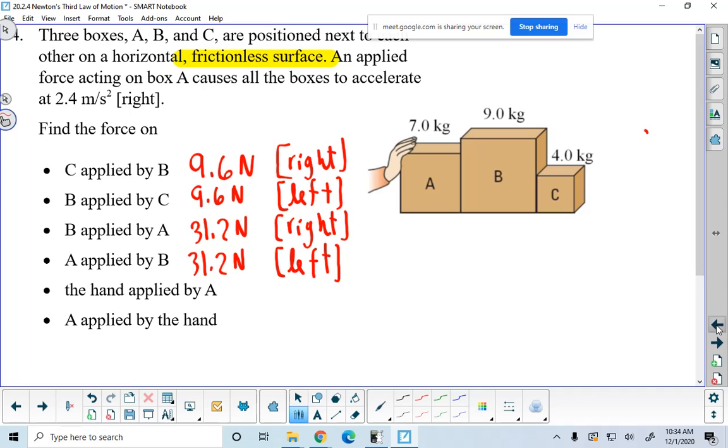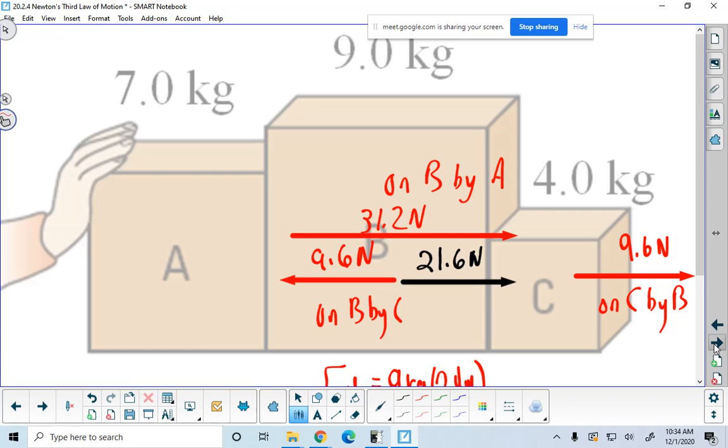We're going to move over to box A, and I'm going to say that this 31.2 newtons on B by A must be equal to a 31.2 newton force on A by B.